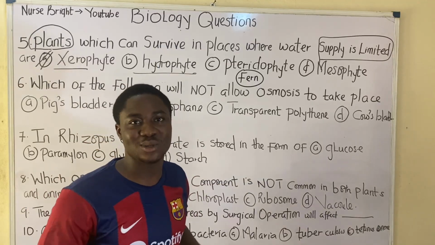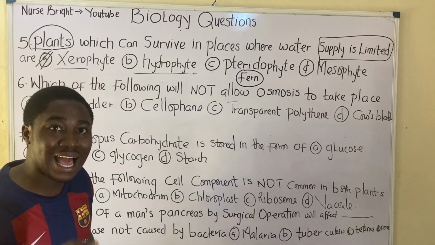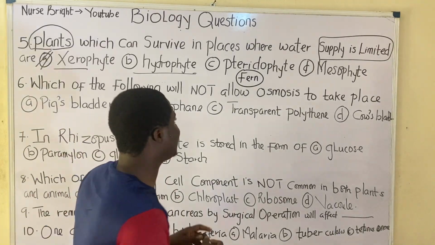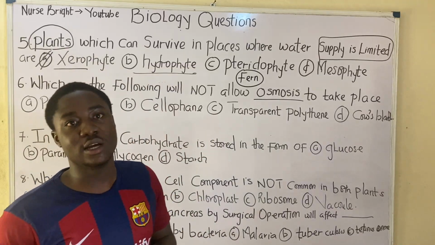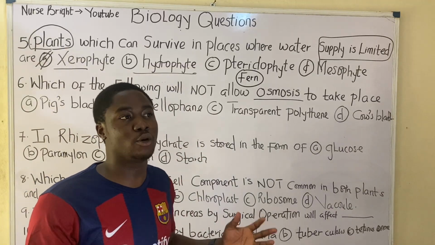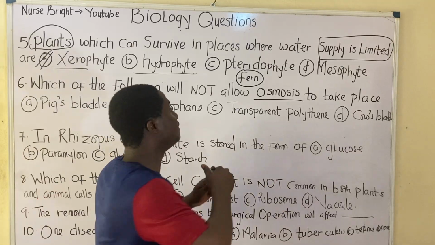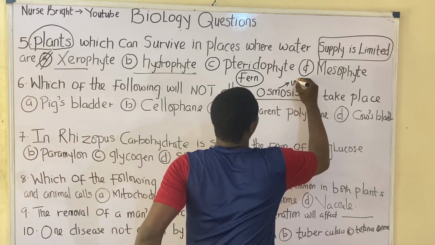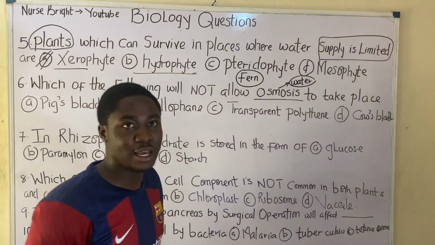So let's get into the next practice question, and it says, which of the following will not allow osmosis to take place? First of all, we have to know what osmosis is. Osmosis is the movement of water molecules. Take note. Osmosis has to do with just one state of matter.